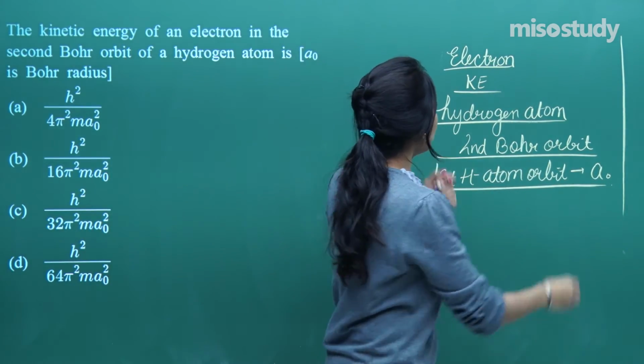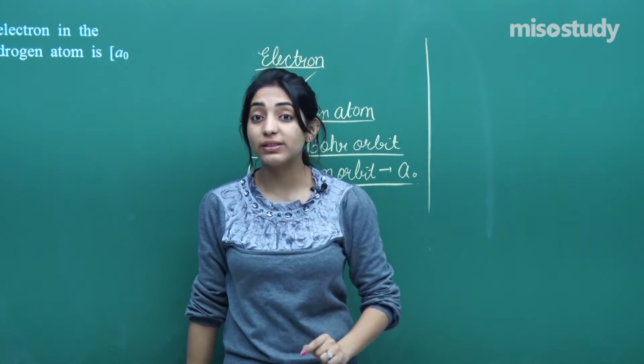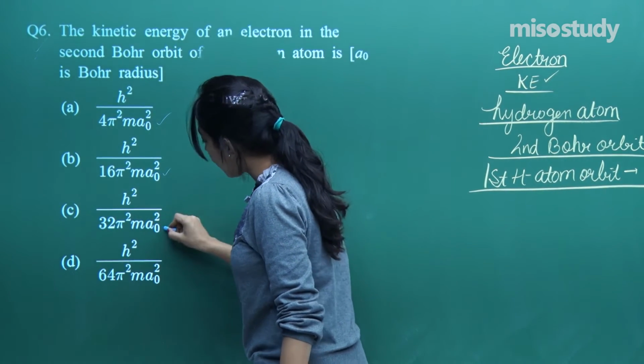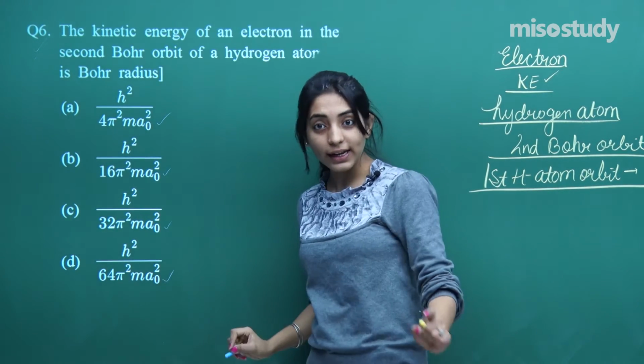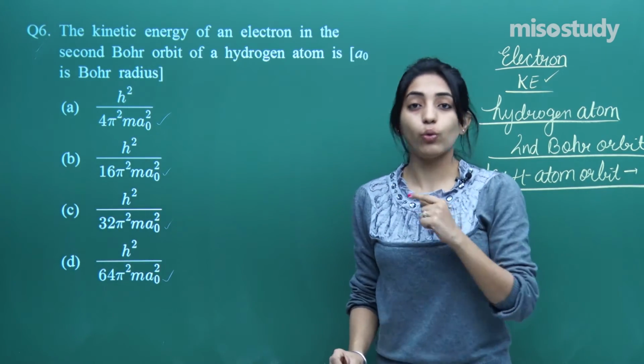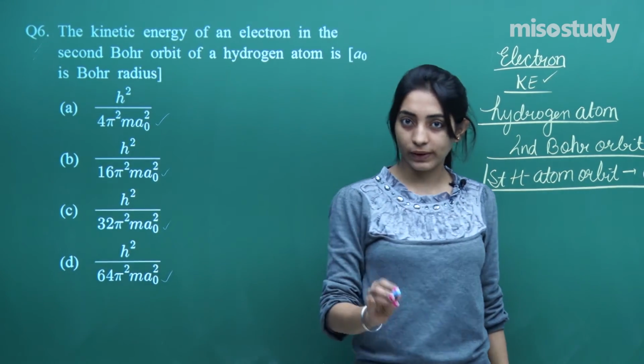We need to find the kinetic energy of the electron. Guys, before I proceed on to the question, see, all the questions are given in terms of A naught, A naught, A naught, right? So we need to bring this A naught in our final answer. Do whatever best possible, but this A naught should be there in the answers, okay?